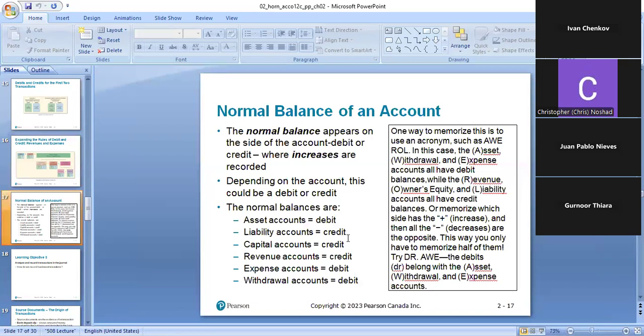Expenses, decreasing the owner's equity, normal balance, debit. Withdrawal, decreasing owner's equity, normal balance, debit. For memorization purposes, memorize the accounting equation, assets equal to liability plus equity, T account, think.